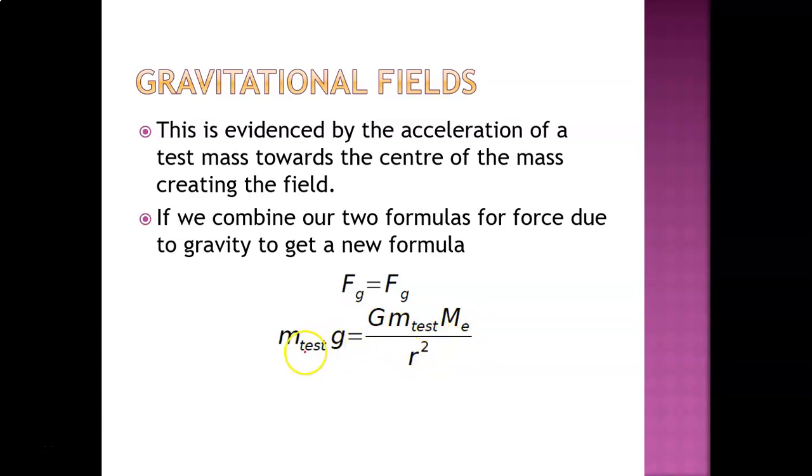Now we notice that I've identified the test mass in both of these cases, and that's really because those test masses are going to cancel out and thus leave us with this general formula. We note that this is in fact our acceleration, which we will measure in meters per second squared, but it is really using g, what we're talking about is our gravitational field strength.